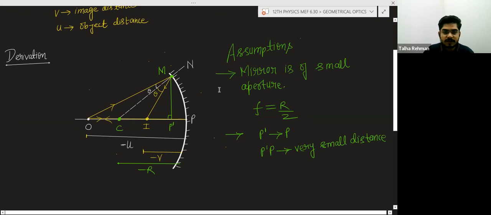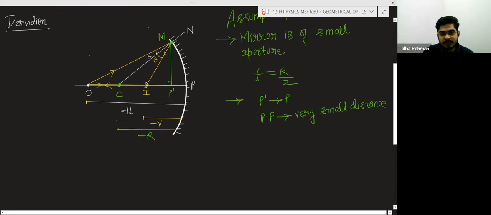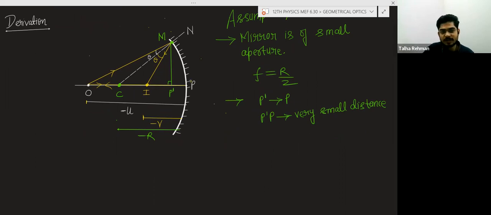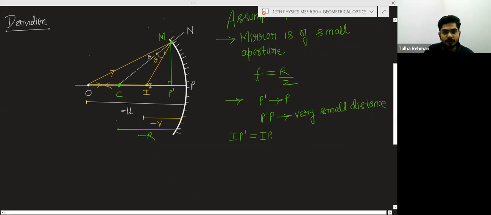So it means that if P and P dash are the same point, you can say IP dash is equal to IP. What is IP?